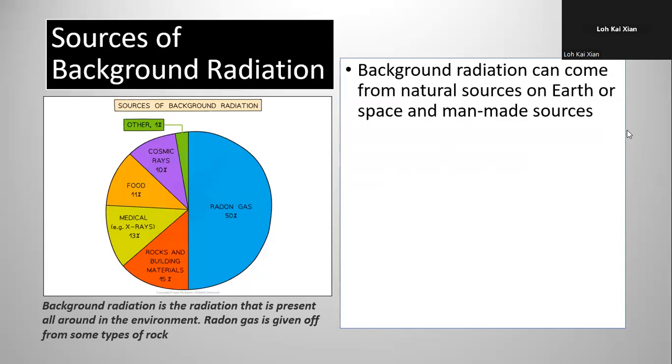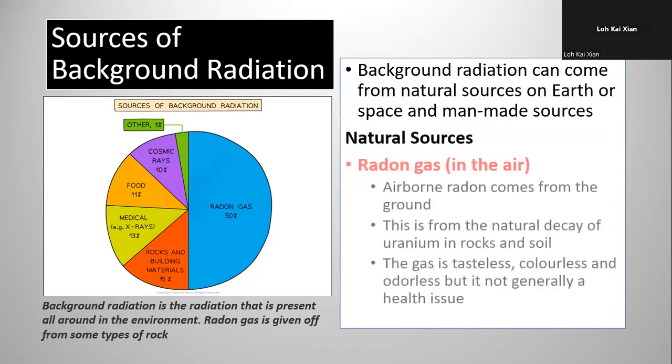Okay, let's carry on. Background radiation can come from natural sources on Earth or space, and man-made sources. Natural sources: radon in the air. Airborne radon comes from the ground. This is natural decay of uranium in rock and soil.